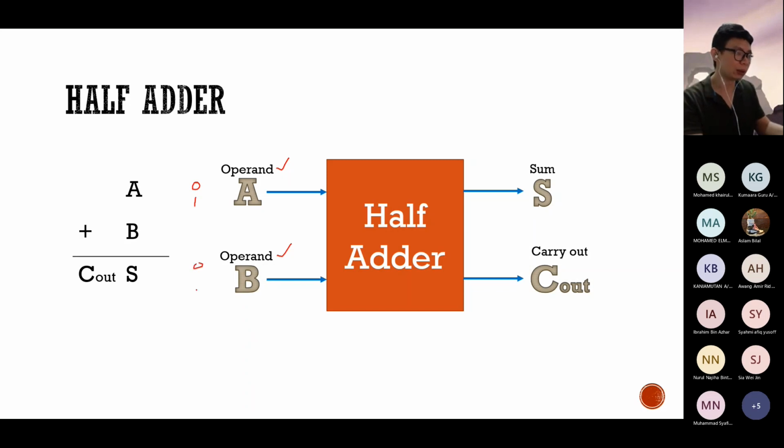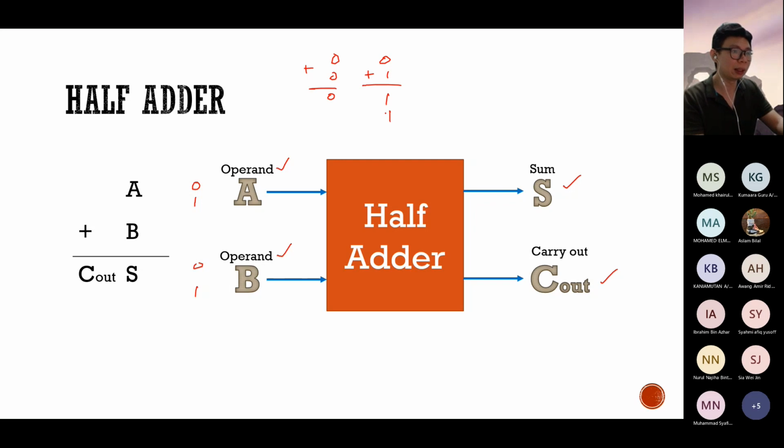It's going to take whatever you give it and add them together. For example, you give it 0 and 0, and it does the addition. It gives you two outputs. One is called the sum, the other is called the carry out. Over here, I add together 0 plus 1.